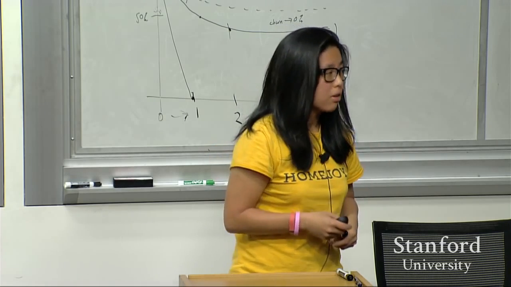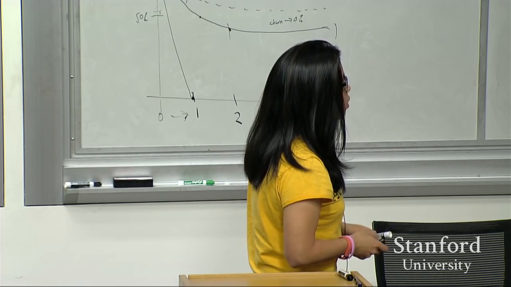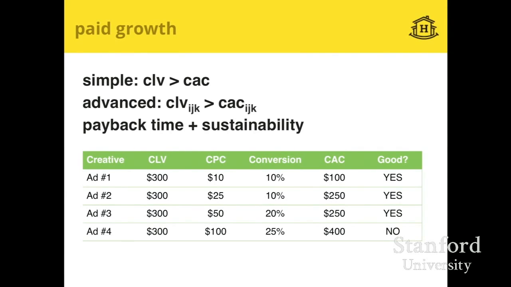So the last point is payback time and sustainability. I think a lot of businesses get in trouble and it turns into a bad business when they start spending beyond their means. And it has a lot to do with risk tolerance, how much risk you're willing to take on.